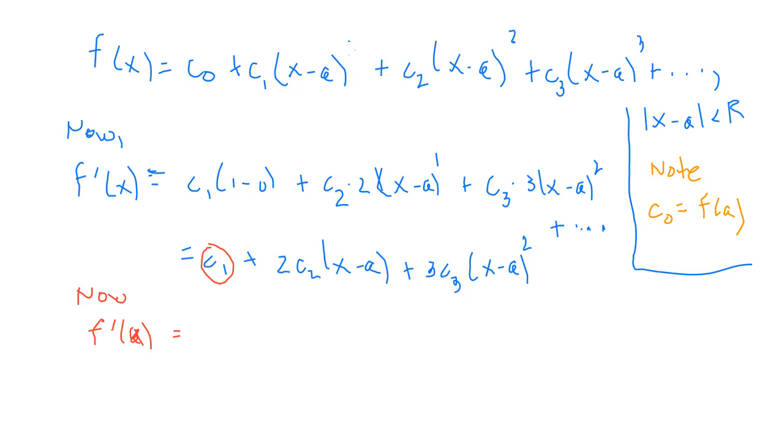Well, f prime of a would equal c1 plus 2c2 times a minus a plus 3c3 times a minus a squared, and so forth.